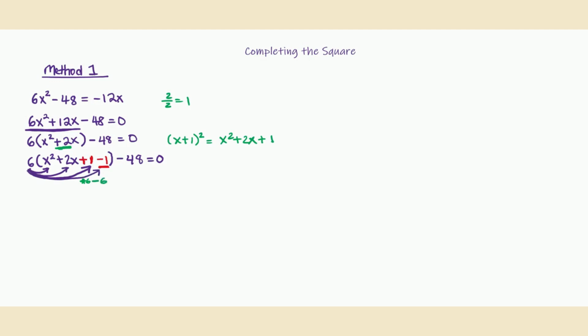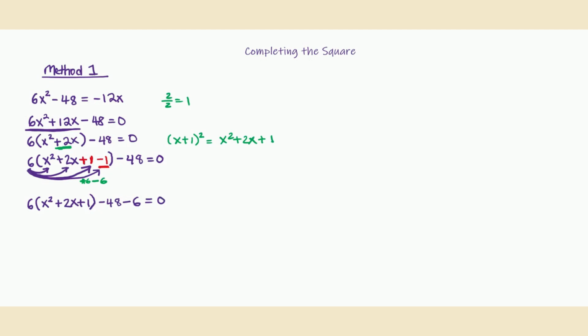Minus 6. So we will rewrite this as 6 times x squared plus 2x plus 1. We'll now close parentheses and write this as negative 48 minus 6 equal 0.